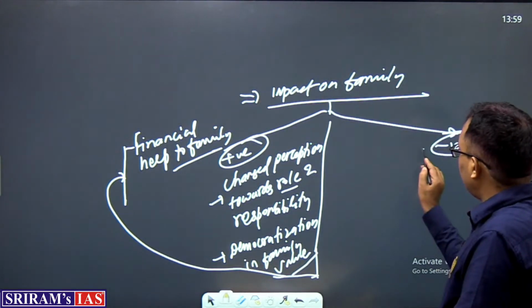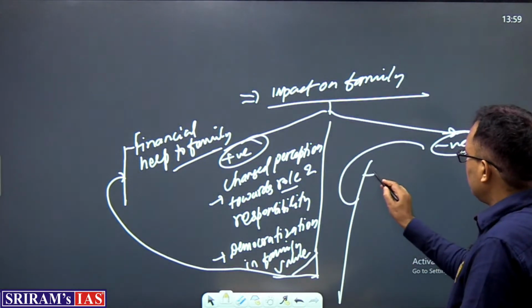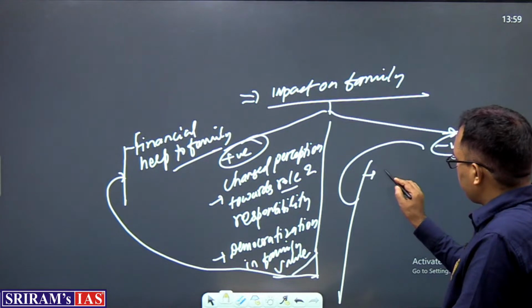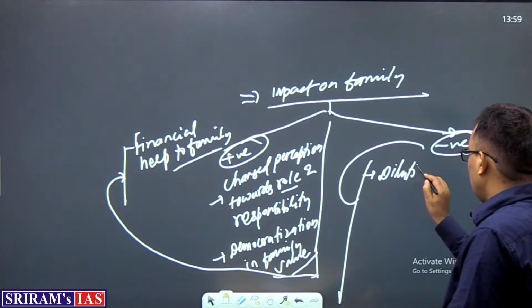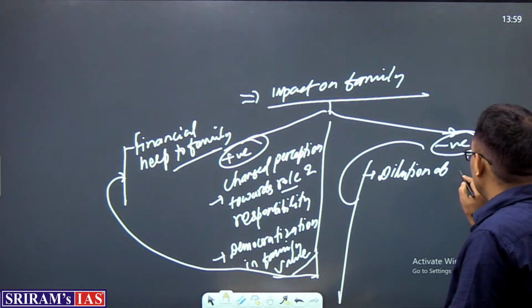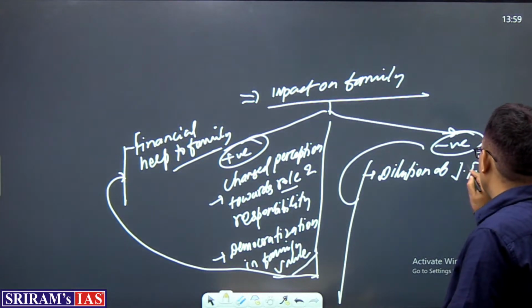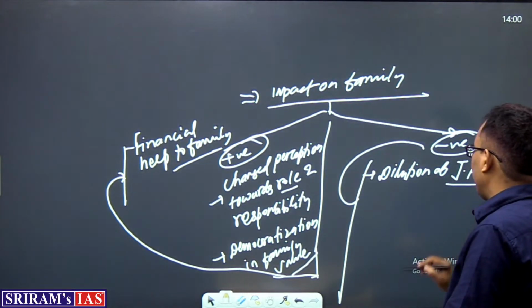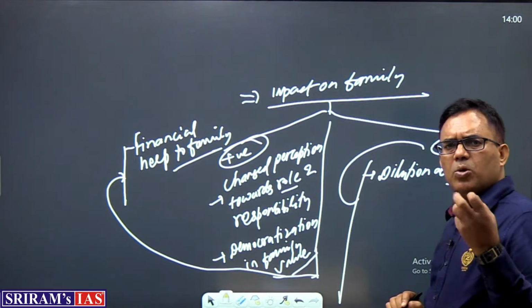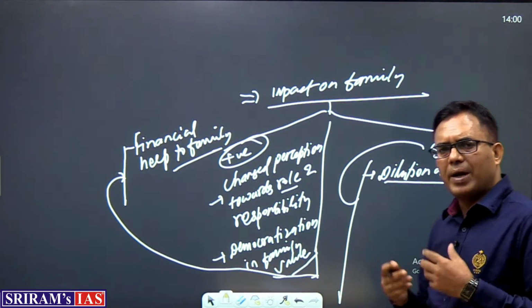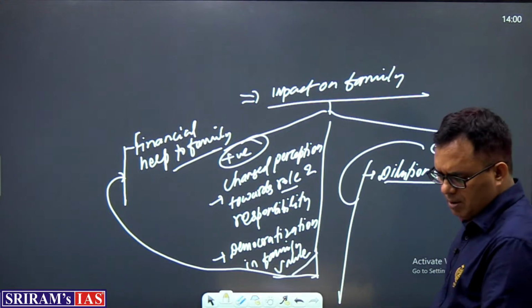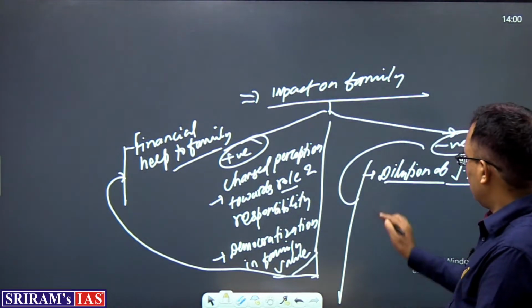The negative side is larger. First, dilution of joint family, because globalization promotes the idea of the nuclear family. So dilution of joint family means a rising sense of the nuclear family.